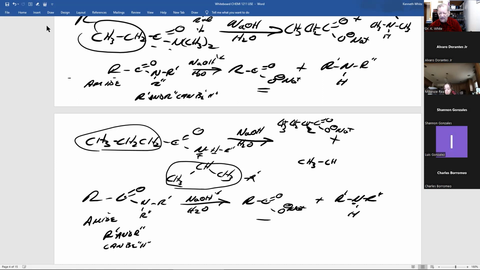Oops, forgot that. Then our R double prime is a hydrogen. You add one more hydrogen. You could write it this way. I could also write it this way. Notice there are two hydrogens on that nitrogen. And that's how you do it.